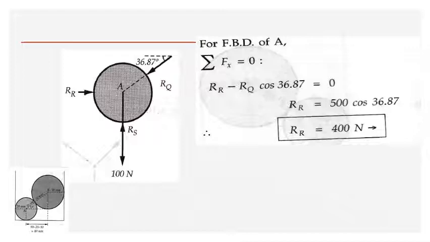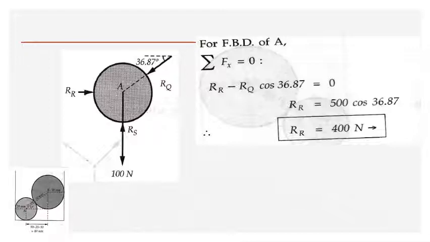So it is easy to find. RQ we have already found out from the sphere B, so the only unknown is RR. RQ is 500, we got it in the previous free body diagram of the sphere B. So substitute RQ as 500, and you get RR as 400 Newton.